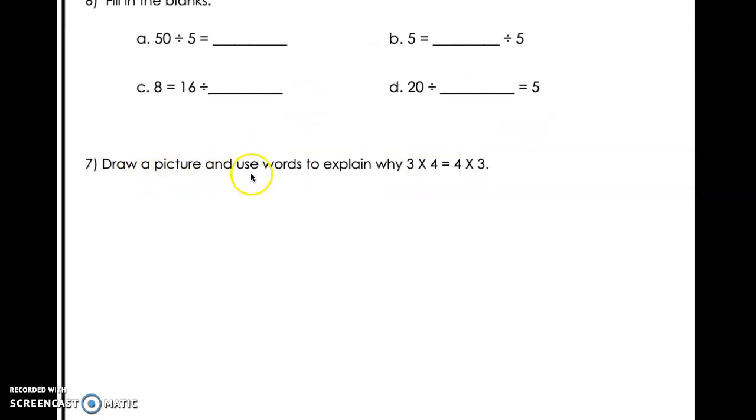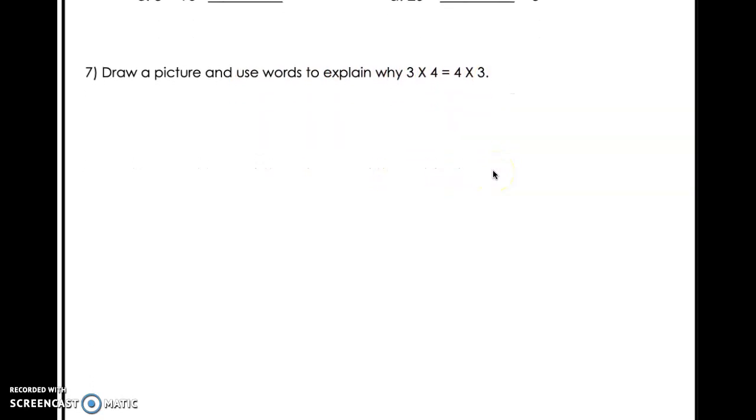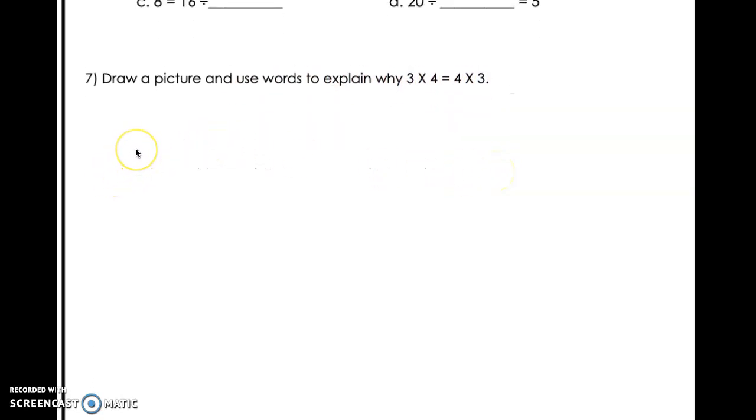Draw a picture and use words to explain why 3 times 4 equals 4 times 3. What I would do is I would draw an array of 3 rows with 4 in each row. Then I would draw an array with 4 rows with 3 in each row, and then put an equal sign.